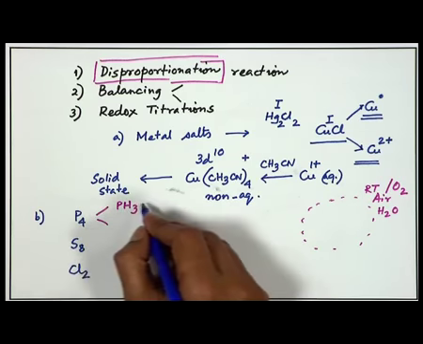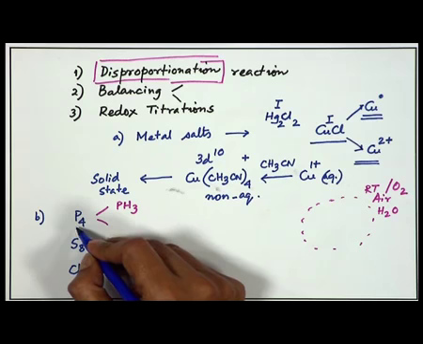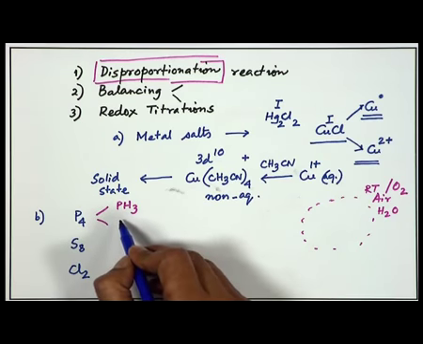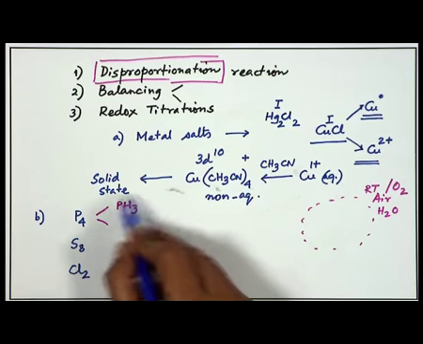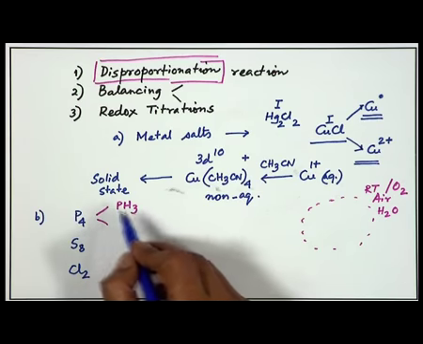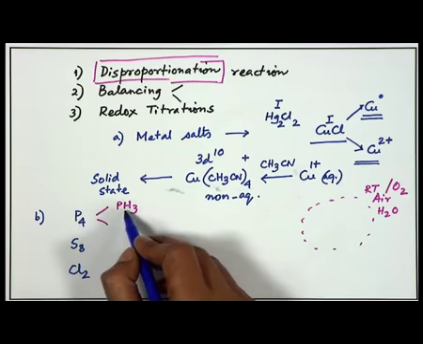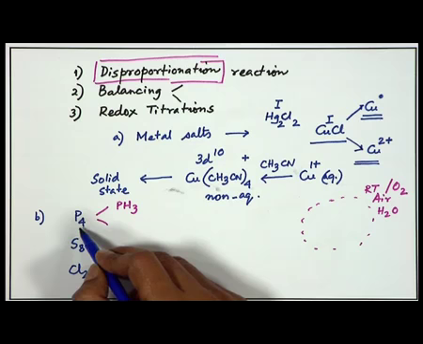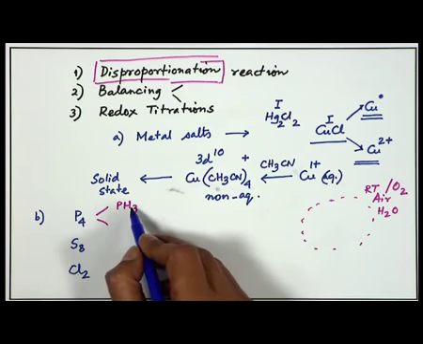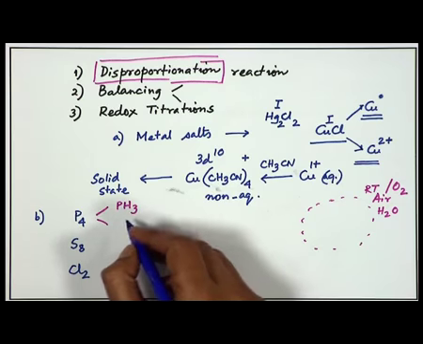So, from elemental phosphorus, we get phosphine gas, a gaseous product, like our formation of ammonia from nitrogen. So, phosphine is therefore the reduction product of elemental phosphorus. What about the other species?